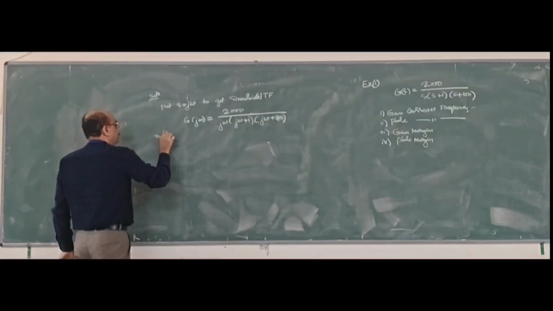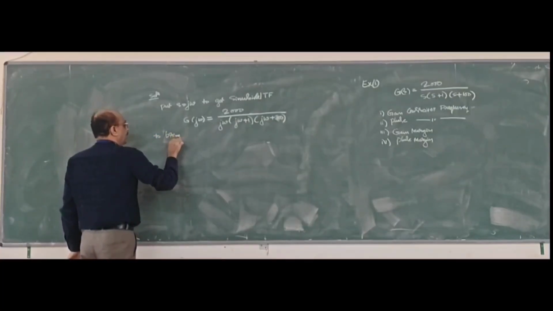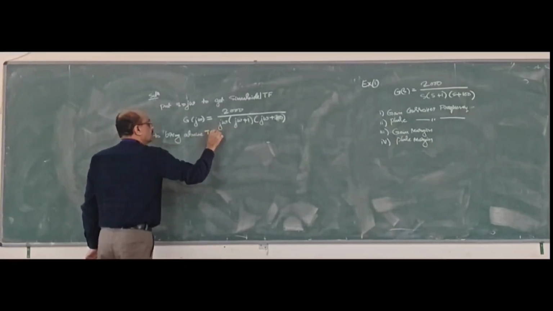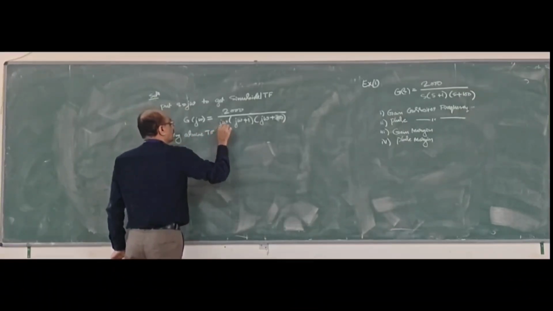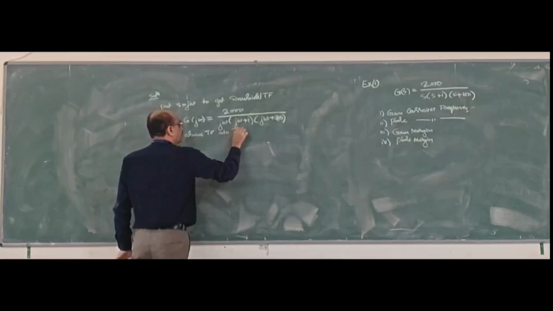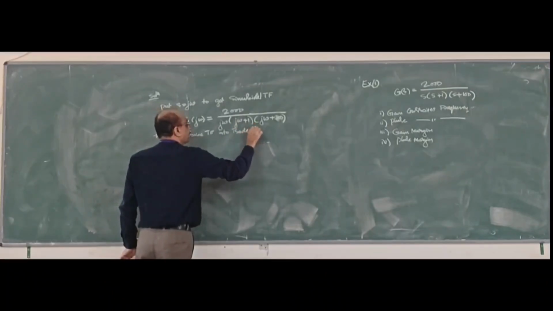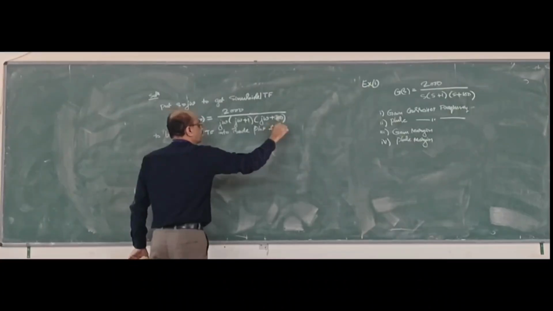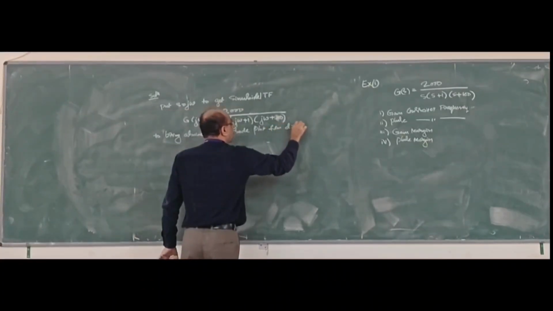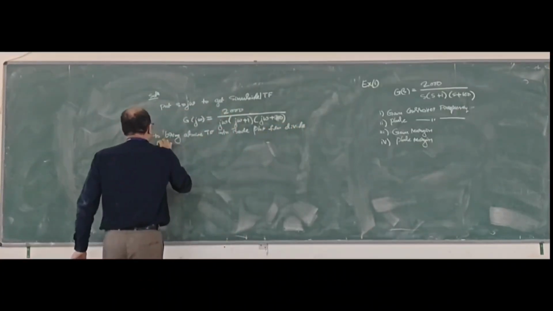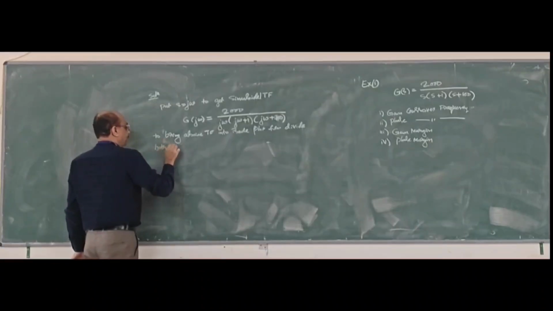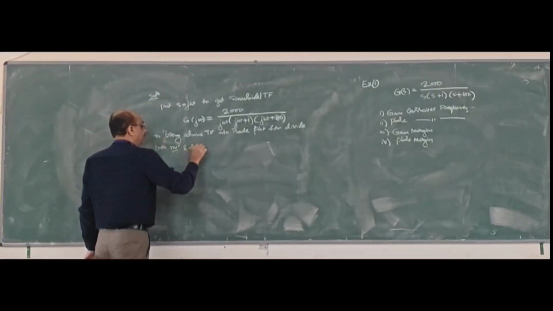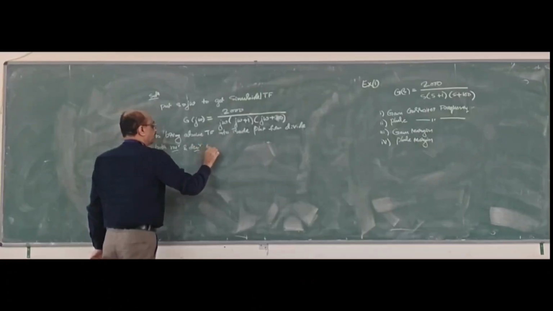To bring the above transfer function into Bode plot form, divide both numerator and denominator by 100.